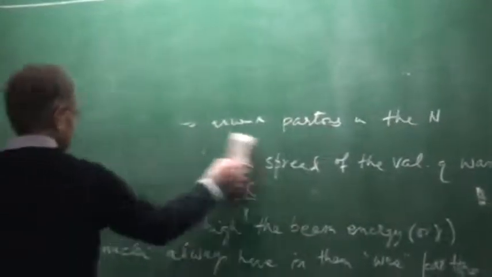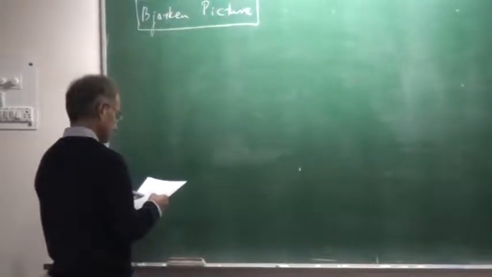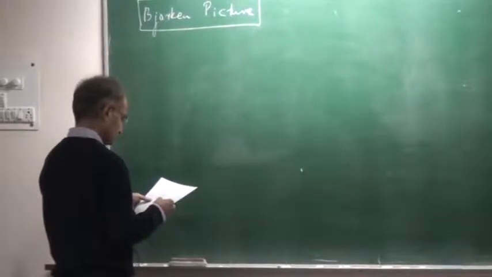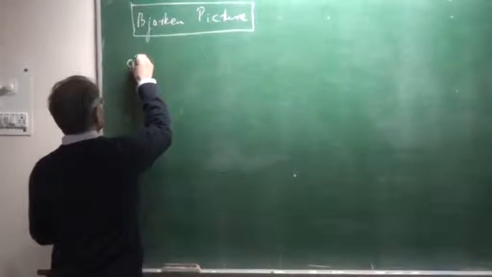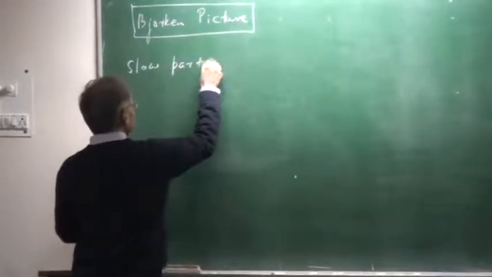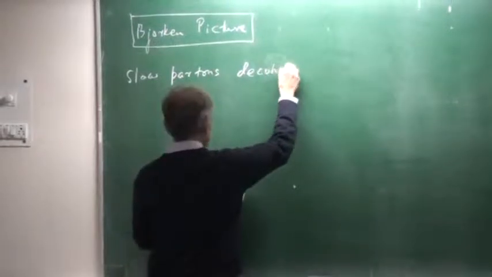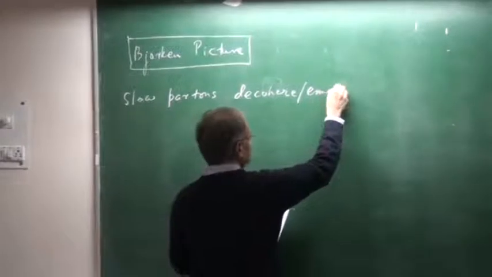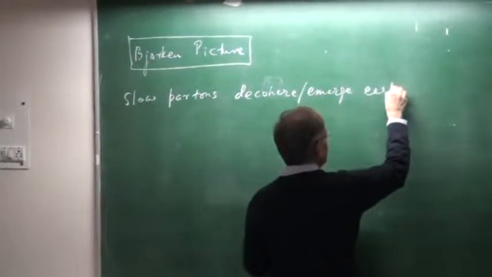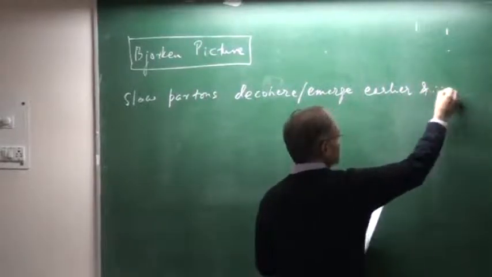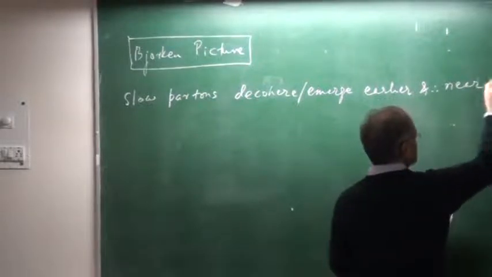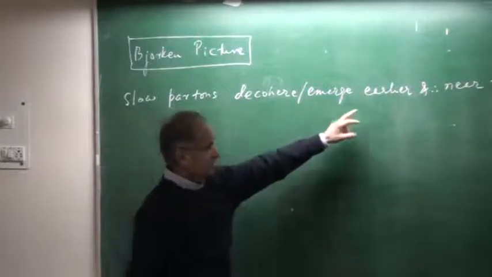Let me write that. Slow partons emerge earlier and therefore near z equal to 0.